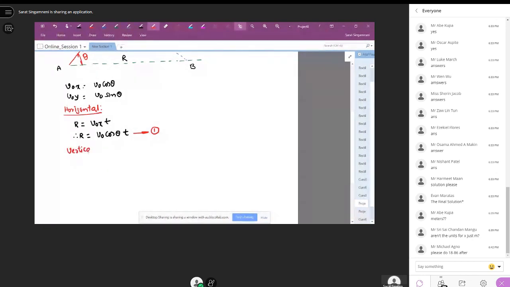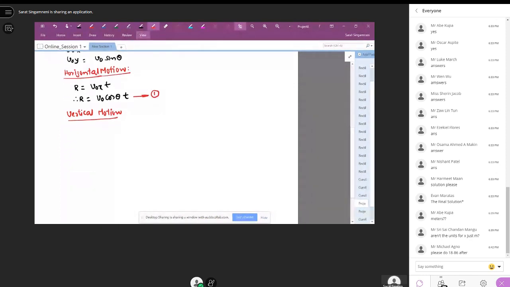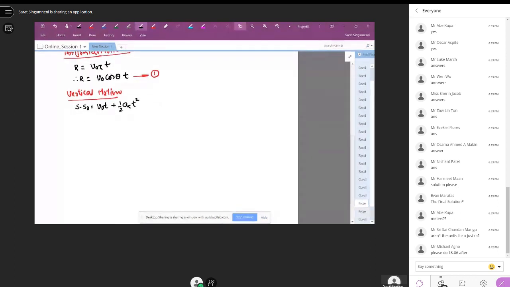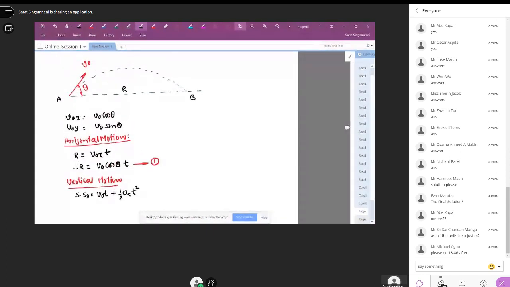So consider the vertical motion. Let me write motion here also. In the vertical direction, if you use S minus S0 is equal to V0t plus half Ac t squared, because it's constant acceleration in the vertical direction moving against gravity, because the particle at the start A and at the end B are all at the same level.